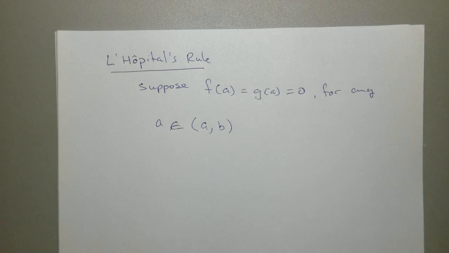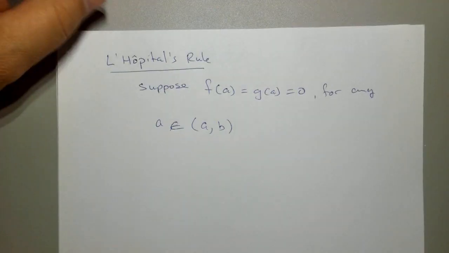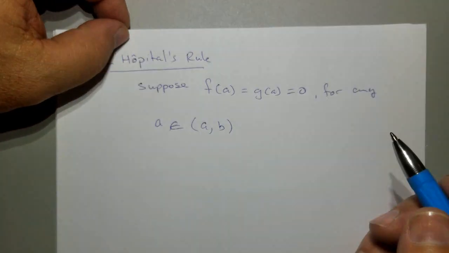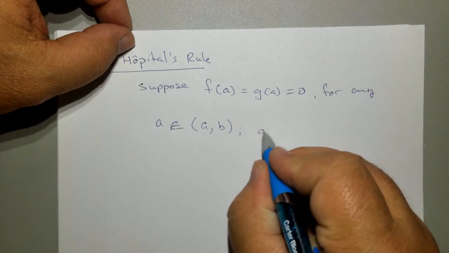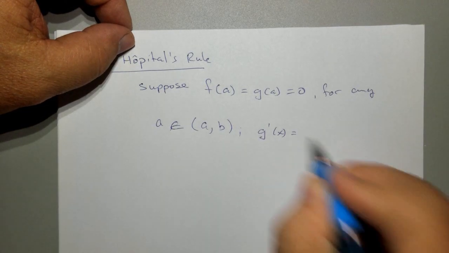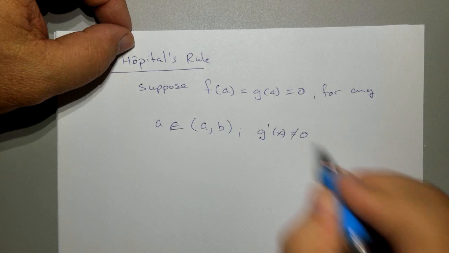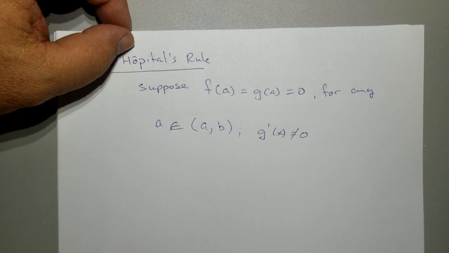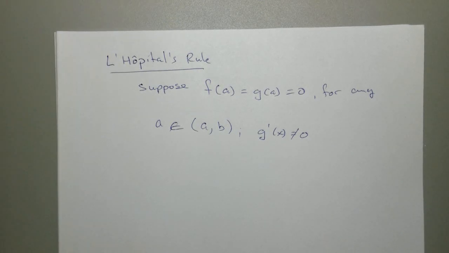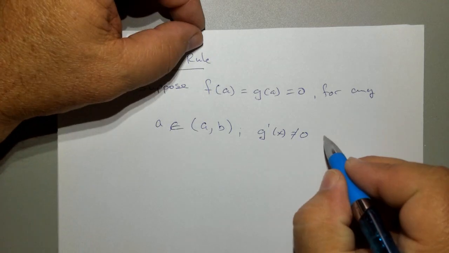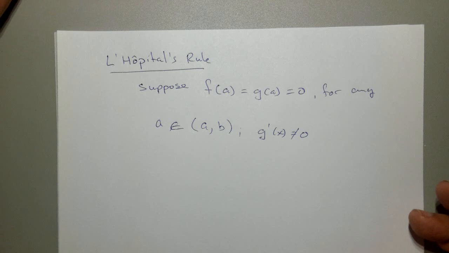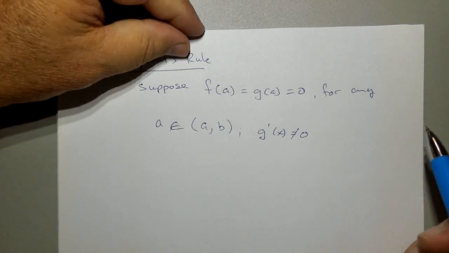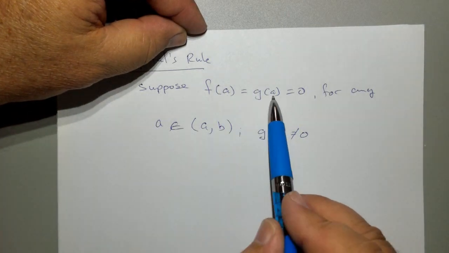It's an open interval. The first derivative of g cannot equal 0. Why is that? It has to be continuous. f and g are both continuous functions because they're differentiable, but they have certain conditions that have to apply at the limit values.